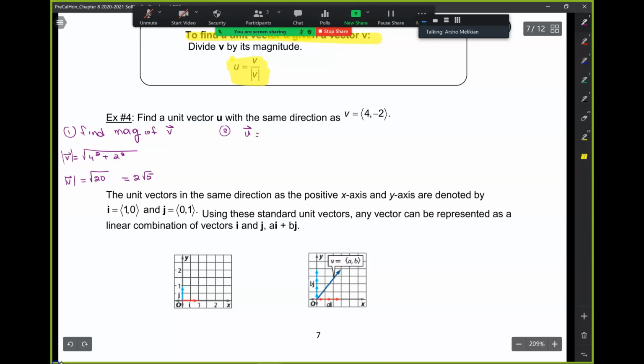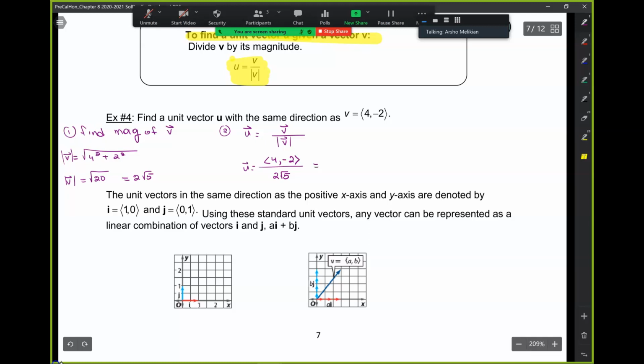Next, vector u is just vector v divided by the magnitude. So, vector u is, what is vector v? Vector v, you say? It's 4 comma negative 2 divided by 2 root 5. Nope. Because when you multiply or divide by a scalar, you just distribute it to each of the components, right?